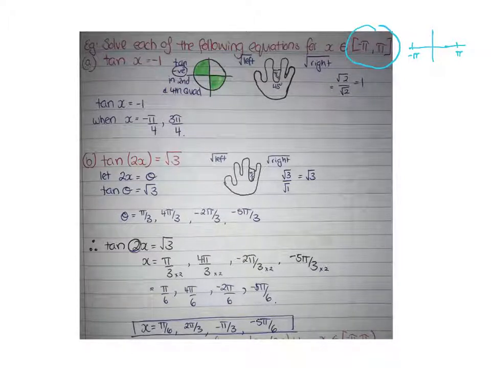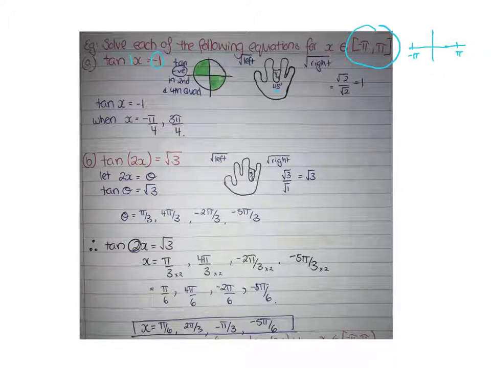Okay, so if you look here, the period is still pi. So first of all, when does tan equal negative 1? So if we look through, if we put the 45 finger down, we'd have the square root left over the right, so that'd be 1.